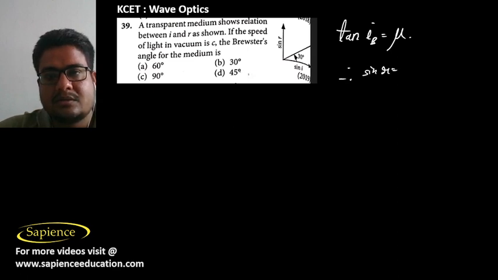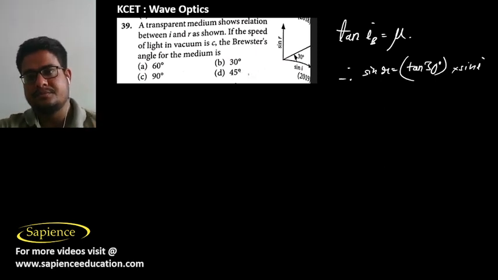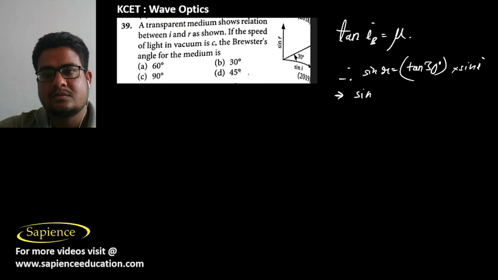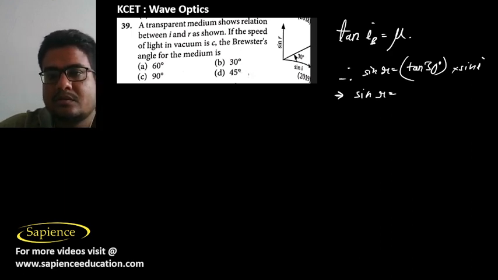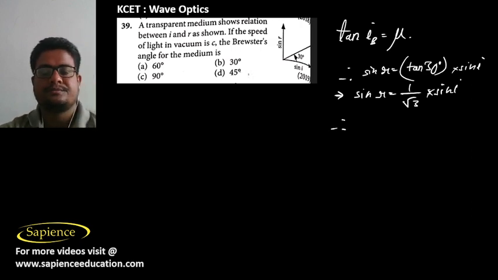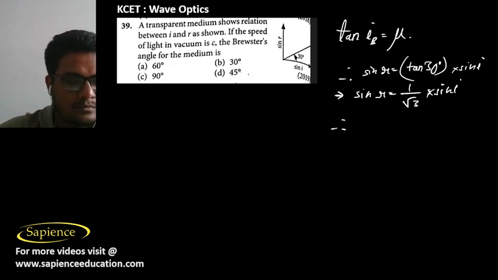So sine r, that is equal to slope, that is tan 30 into sine I. So therefore sine r, that is equal to 1 by root 3 into sine I.